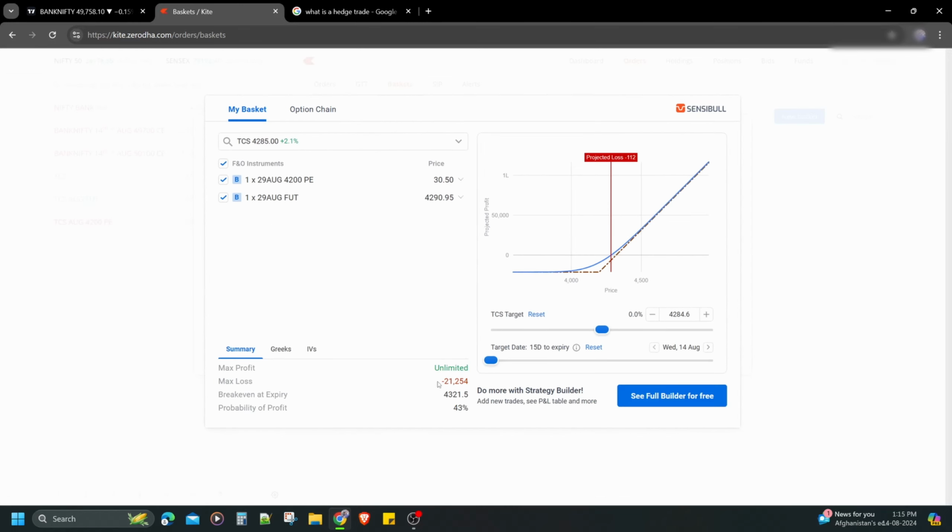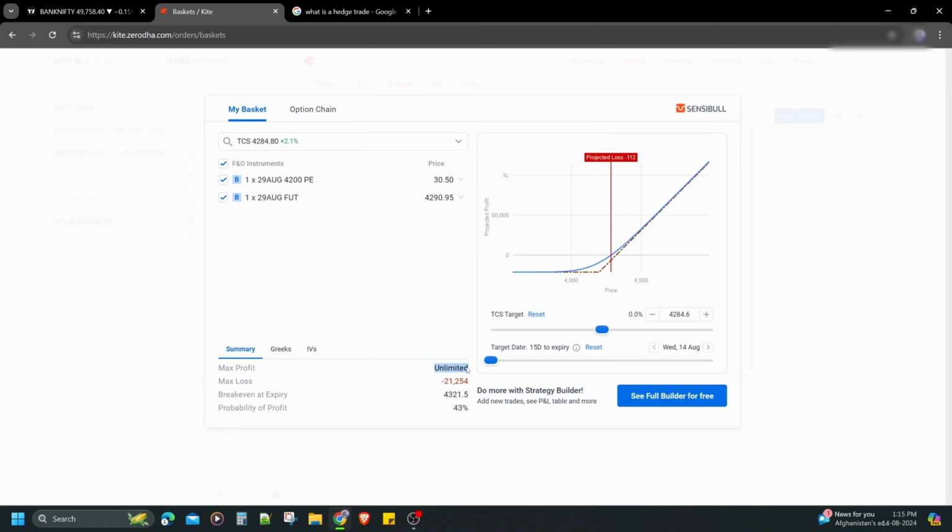Check here, guys, our maximum loss is 21,254 rupees with the hedge in place. Now that I have the hedge, this is the maximum amount I can lose, and my maximum profit to the upside is unlimited.